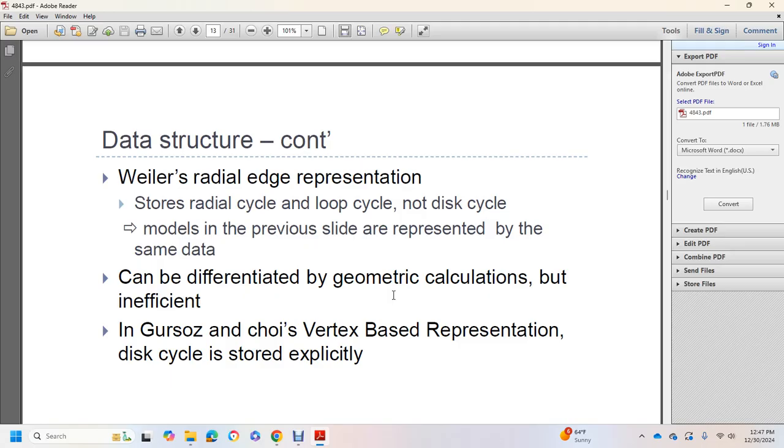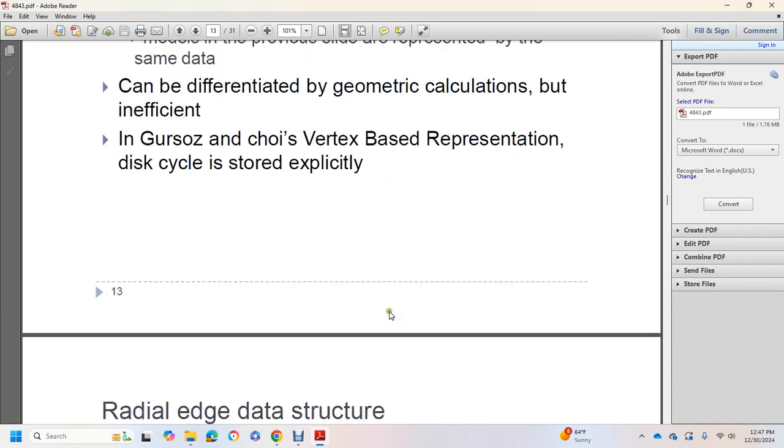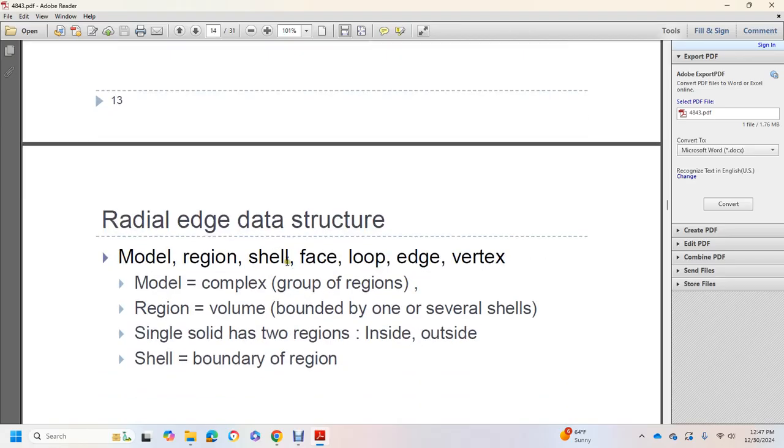In Gursoz and Choi's vertex-based representation, the disk cycle is stored explicitly. The hierarchy is model, region, shell, face, loop, edge, vertex. A model is a complex, a group of regions. A region is a volume bounded by one or several shells. A single solid has two regions, inside and outside, and a shell is a boundary of a region.